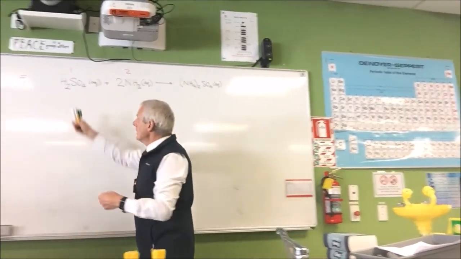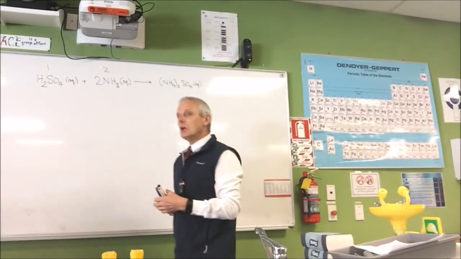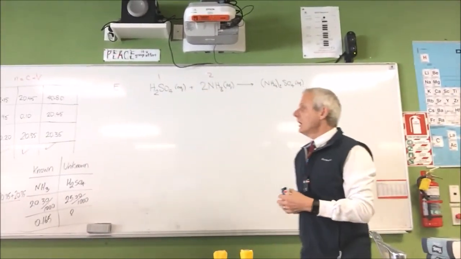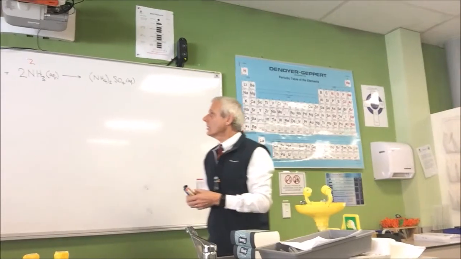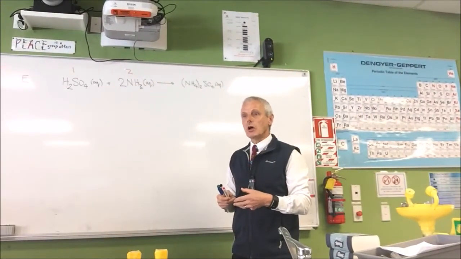So the first thing, once we've got this equation, because that's given to you, the first thing we need to do is to calculate the amount of the known. So we're going to calculate the amount in moles of the known.